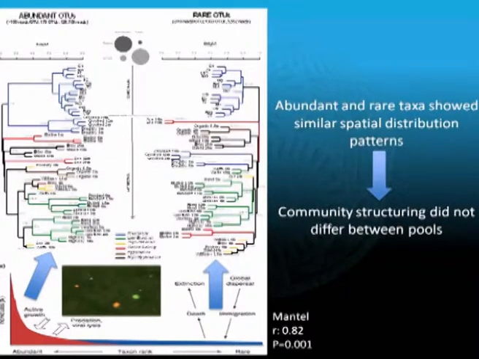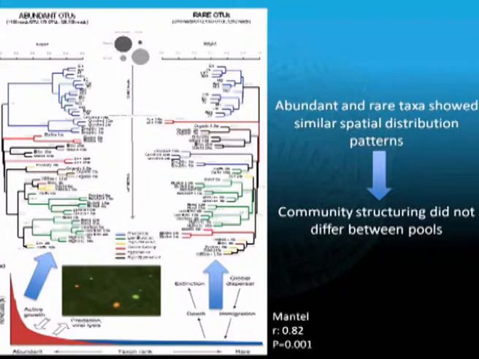So what we've done in the Antarctic lake is that we divided our OTU, or species table, into abundant species and rare species. And we've done some analysis, and what we see is that the same patterns that we see with the abundant organisms are present in the rare organisms.